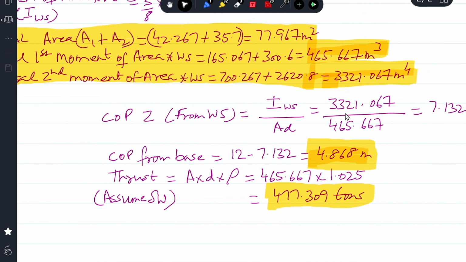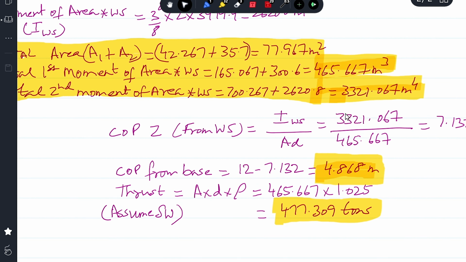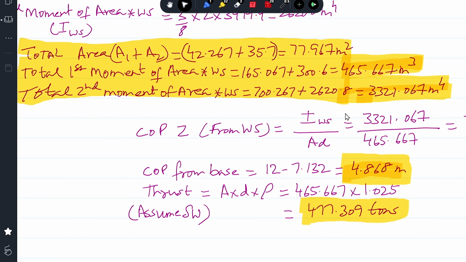Okay, that's it. Let's see how you calculate. The main thing was that in case of horizontal ordinates, you can safely take the moments from the water surface itself. That will avoid complicated long calculations of applying the theorem of parallel axis, at least when the horizontal ordinates are given. I have double checked.